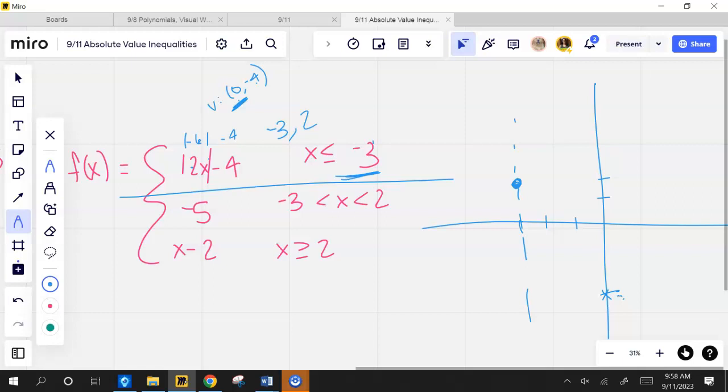Now I pick one that's smaller than negative 3. Give me one smaller than negative 3. Negative 4. If I plug in negative 4, what do I get back out? 4? Listen. So negative 4.